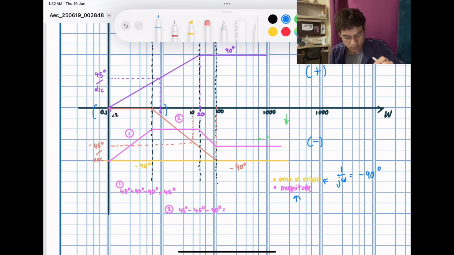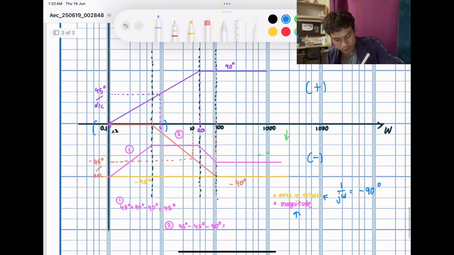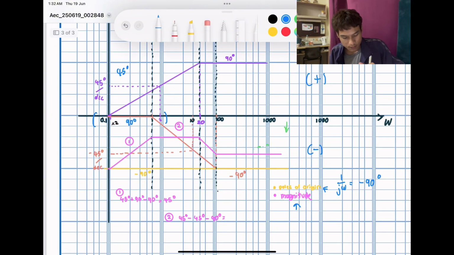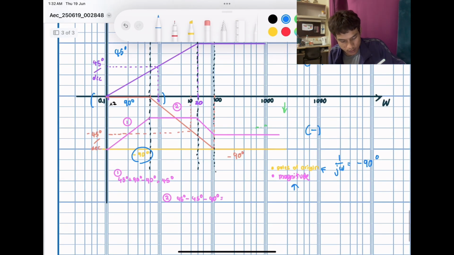As you can see, for the simple 0 you have 45 degrees, the simple pole you have 90 degrees, and the pole of origin is negative 90 degrees. So the sum of the degrees in this range will be 45 degrees, as 45 plus 90, minus 90, gives 45 degrees. So your line will be rising up.